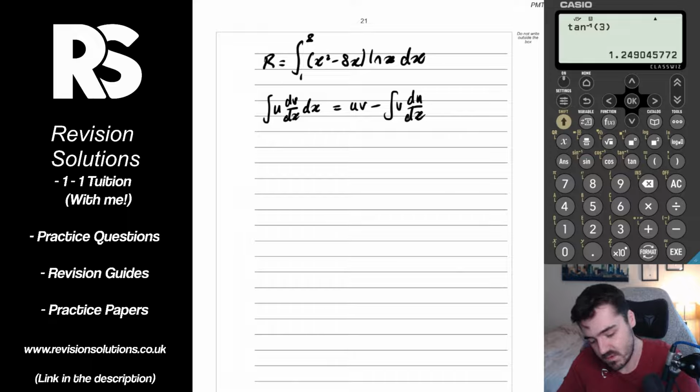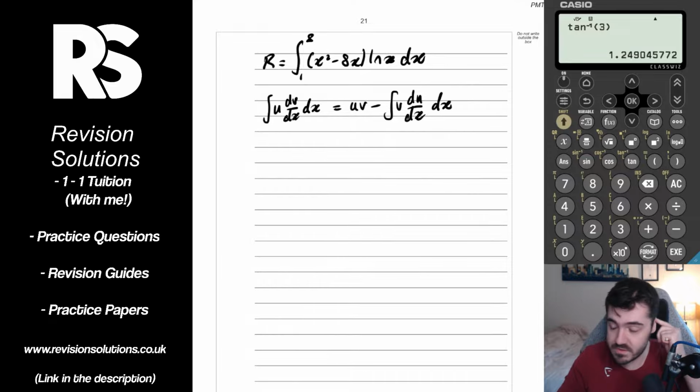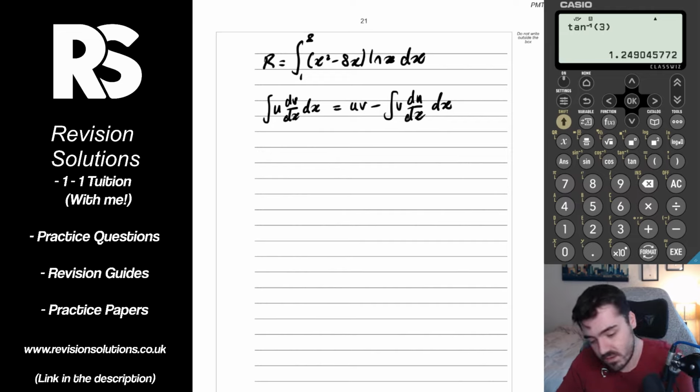And then when we do integration by parts, guys, if you see an ln x, that's always your first choice for u. It's always a lot nicer to differentiate ln x than it is to integrate. So basically, always pick ln x if you're doing integration by parts and it's there, for you guys in A-level maths, at least.